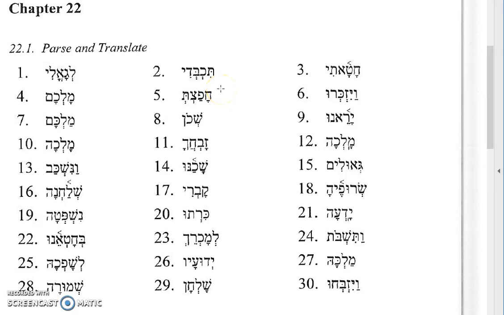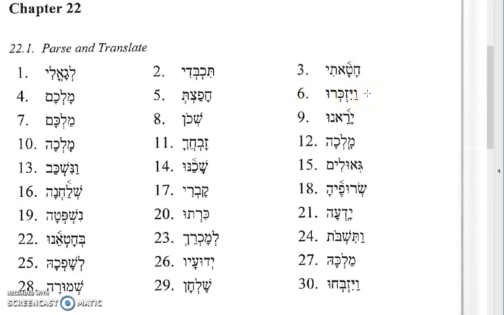Next verb is tikbedi. The root is kavod, to be heavy, and it is a qal imperfect, second feminine singular. You will be heavy, with a feminine singular you.